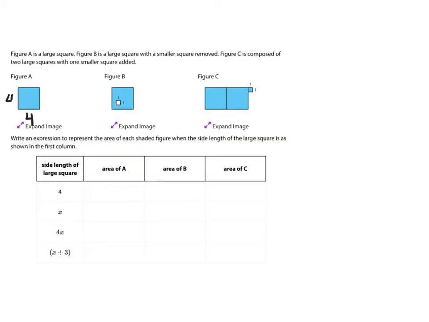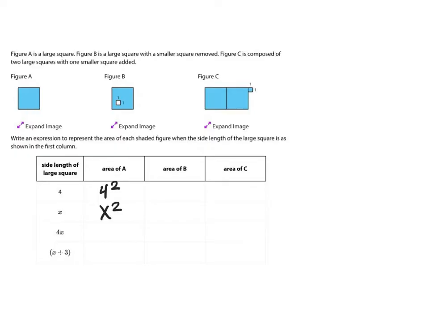So right here it'd be 4 times 4. So the area of that large square is 4 squared. So if the square was x times x, it would be x squared.